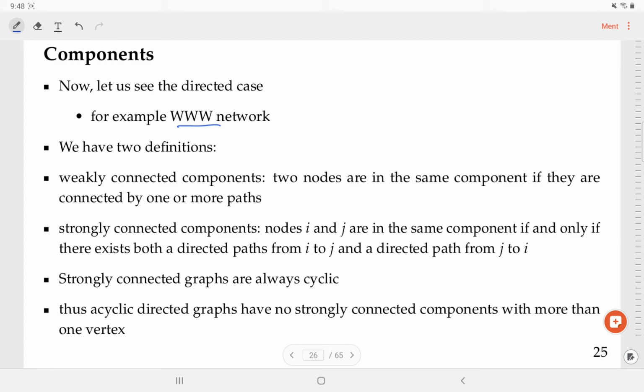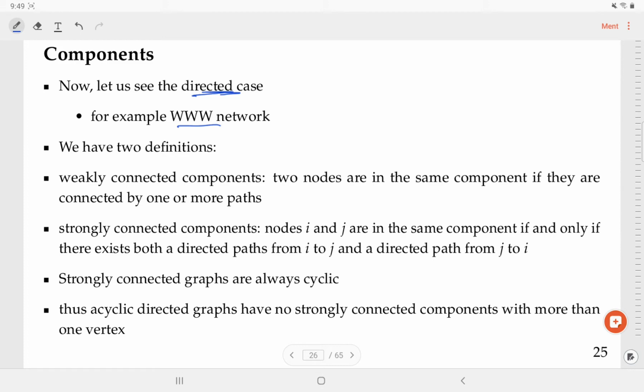For the directed case, even the shortest path becomes maybe a bit more non-trivial problem. But with shortest path, it's not a big deal. The algorithms which can detect the shortest path can relatively easily deal with directed or undirected cases. So that shouldn't be a big problem.